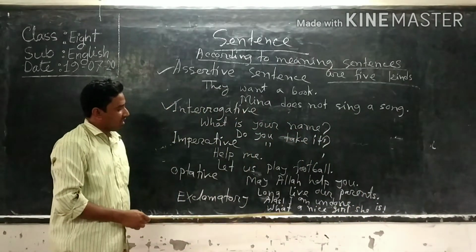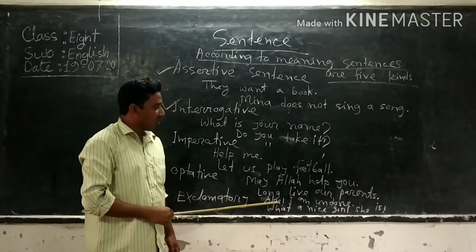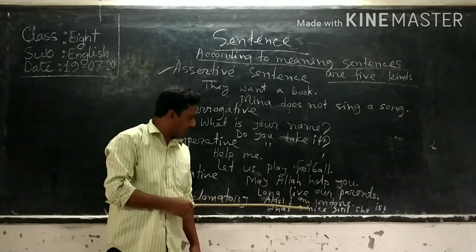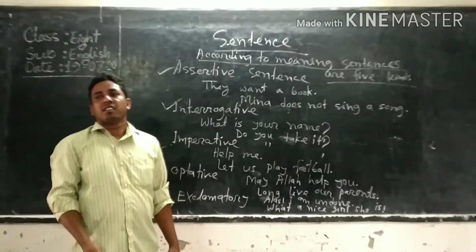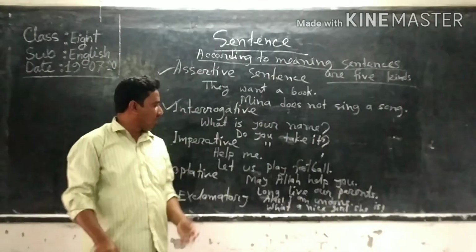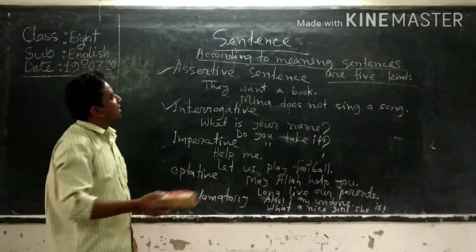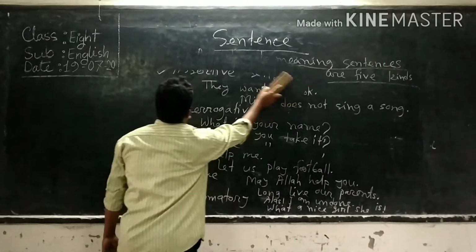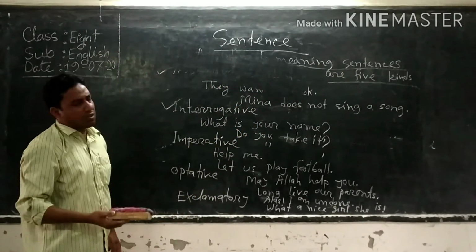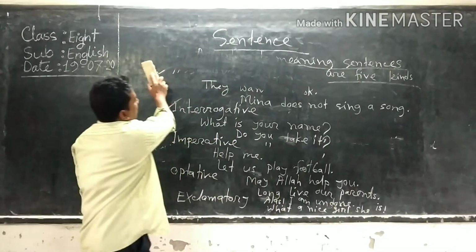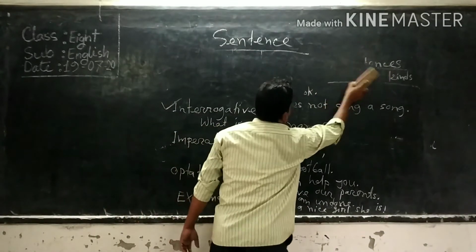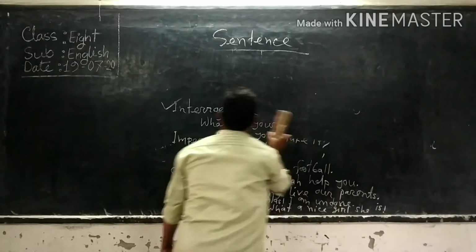These two are exclamatory sentences. Here in these sentences we see surprise or astonishing things. Have you understood about sentences? Five kinds of sentence.